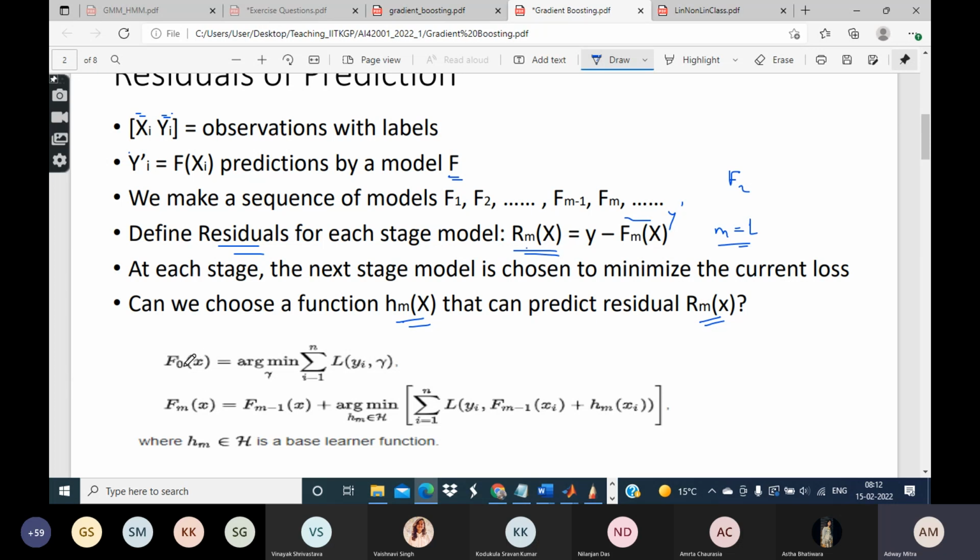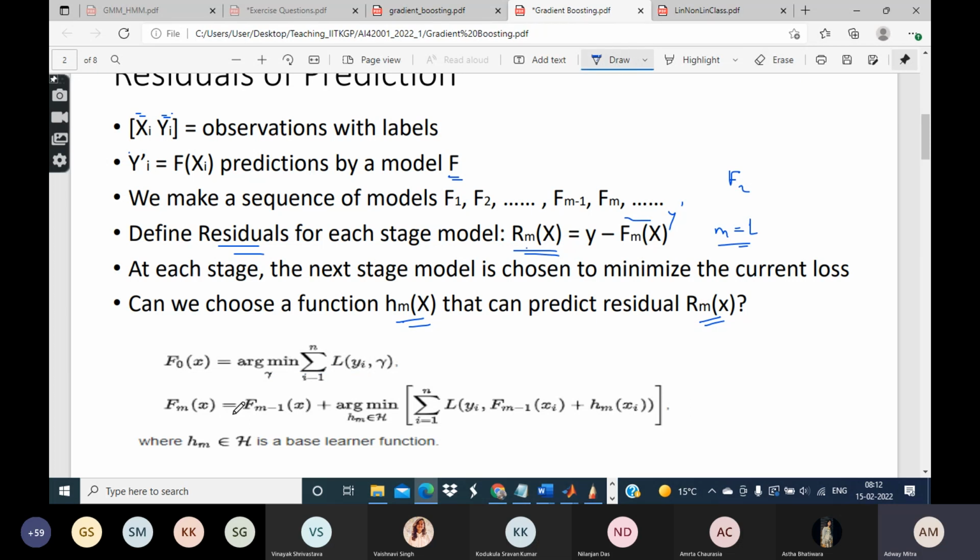The initial function, whether we call it f0 or f not, whatever, the idea is that I want to make a prediction which is as close to the correct label as possible with respect to the loss function. So this is a general regression task. You can choose any model for this.